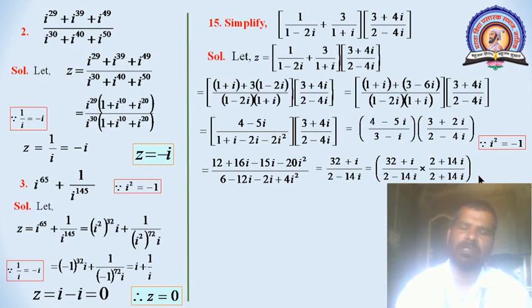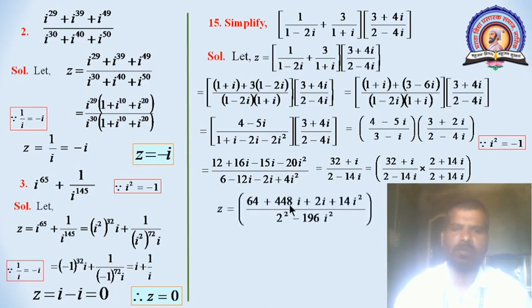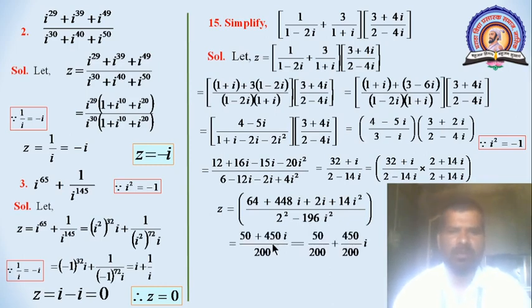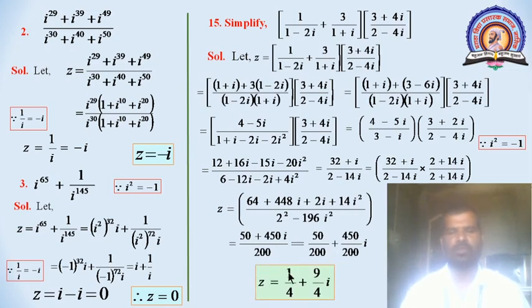Using this formula we get a square minus b square. So we multiply the numerator, we get 64 plus 448i plus 2i plus 14i square upon 2 square minus 14 square into i square. Simplifying, we will get z is equal to 50 upon 200 plus 450 upon 200 i. Therefore z is equal to 1 by 4 plus 9 by 4 i.